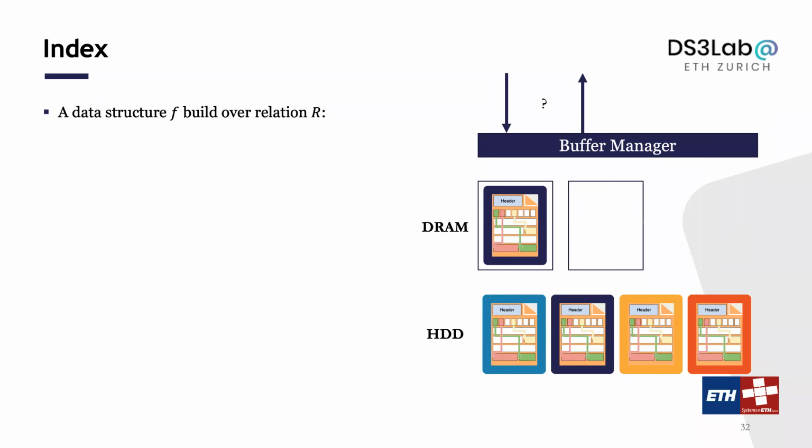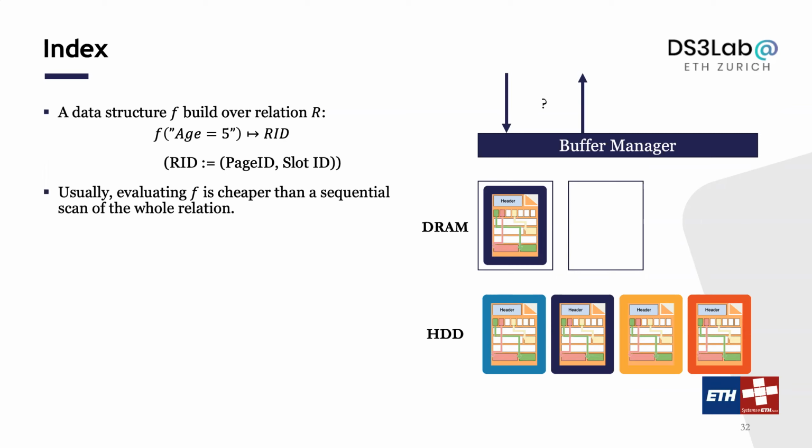Given some condition, for example, age equals 5, this magic data structure can just tell us the record ID, and then we can directly bring that from hard drive to DRAM and serve this query. Here we call F an index, and the hope is that evaluating F is much cheaper than a sequential scan of the whole relation.